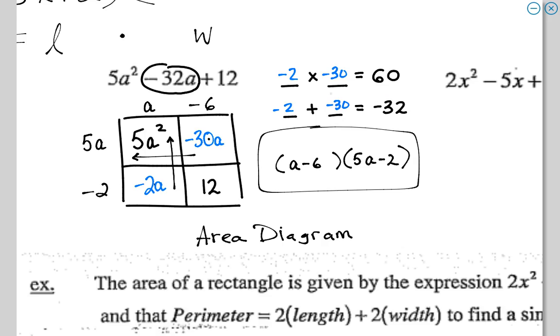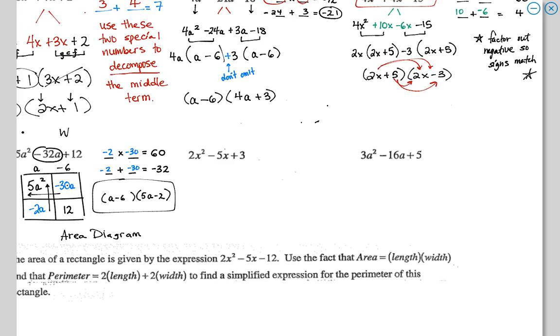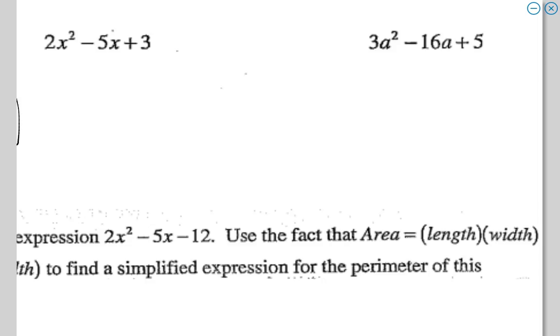But then the other part of me is saying there's value in understanding that it's just a length-width diagram. So I see value in both. I think for a lot of students, pick one that works. You don't want to overwhelm yourself. Pick one that works. So I'm just going to do it the first way.